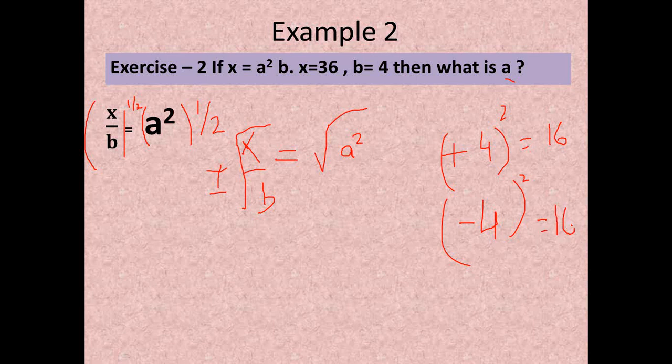So when we find the square root of these numbers, the square root could be positive 4 and could be negative 4. That is why we take this positive and negative.